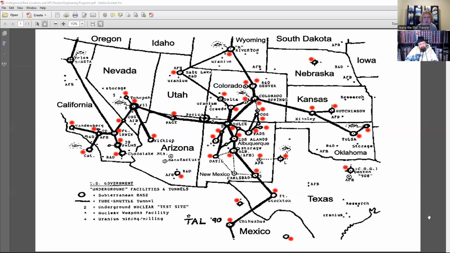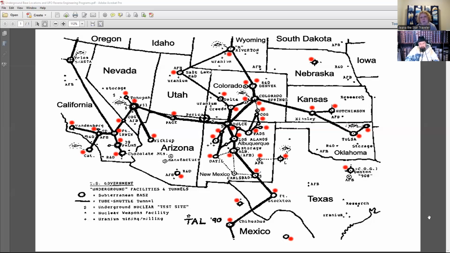This map is from the 1980s, 1990s, as far as I could tell, and it's of military underground subterranean bases and facilities. It's a networked system that is connected by these locations.